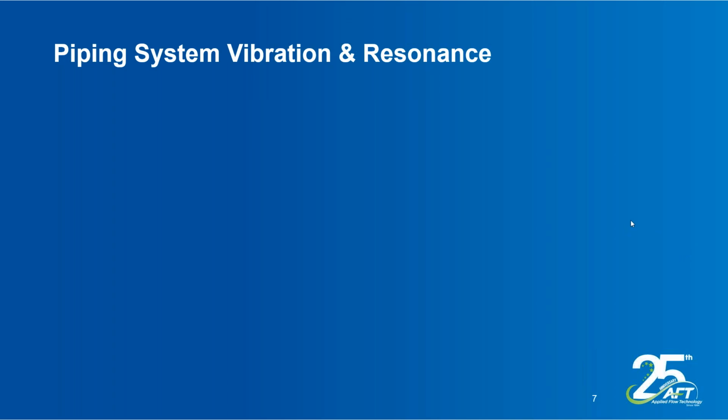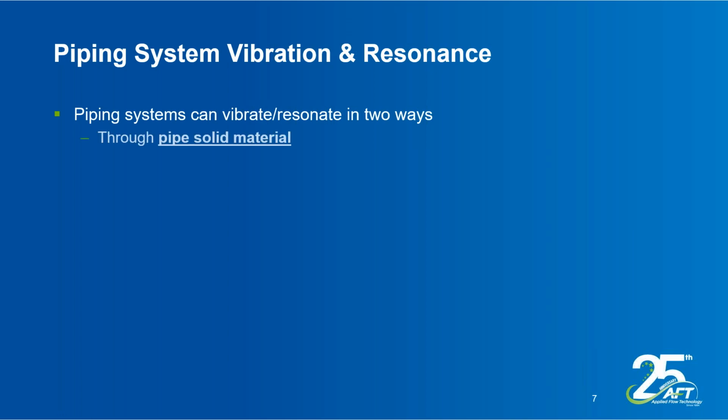So let's talk about vibration resonance a little bit more. The piping systems, especially the ones that you saw in that video, can vibrate in different ways. One is with the pipe material itself. This is called mechanical vibration.